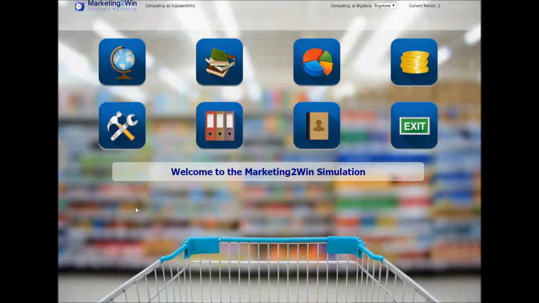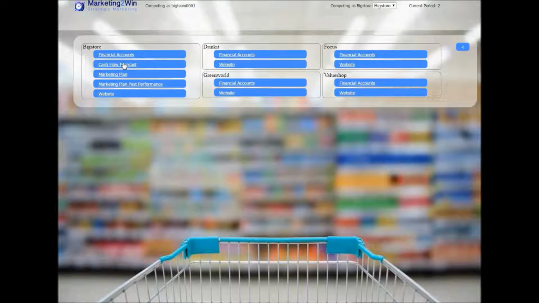One of the first things you might want to do is find out a little more about your company and about the competition as well. To do that, you go to this Market Players button here and click on that. That brings up a sub-menu, and you can see some interesting information about yourself, in particular a website you can look at.